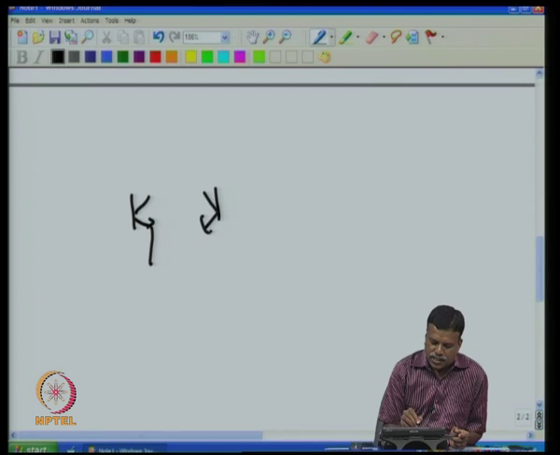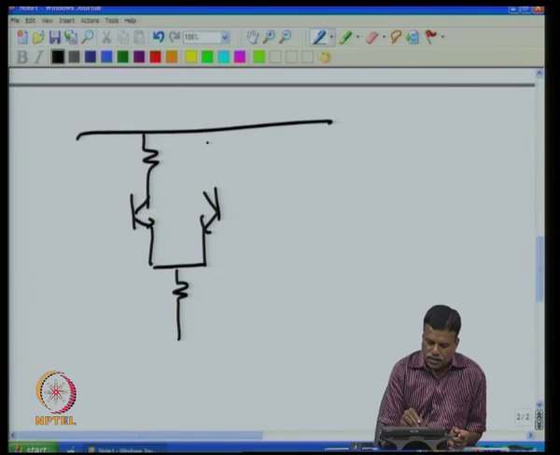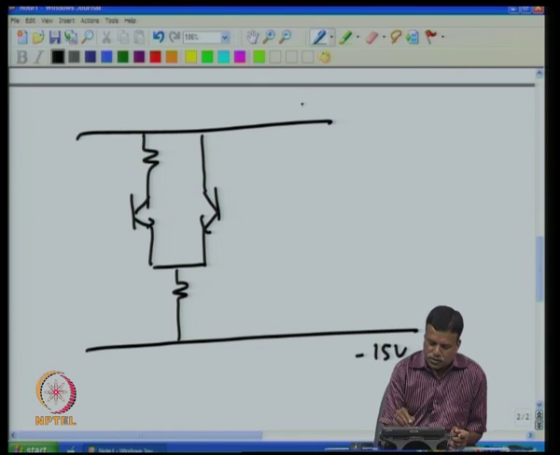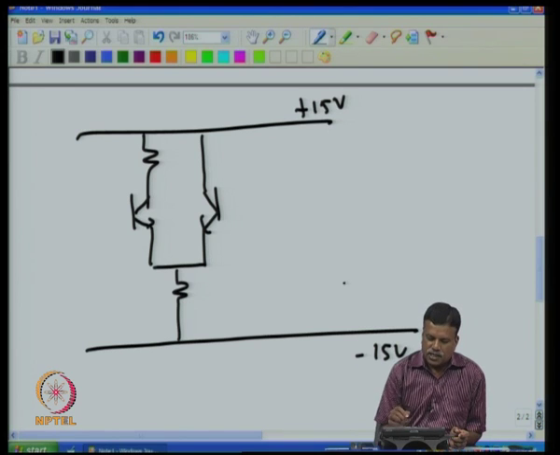He had taken 3 transistors and connected them like this. This was connected to minus 15 volt and this to plus 15 volt. In the actual circuit it was plus 300 and minus 300 with vacuum tubes, but here we are showing it with transistors. Then the third transistor was connected here.